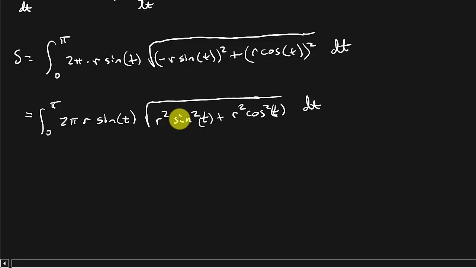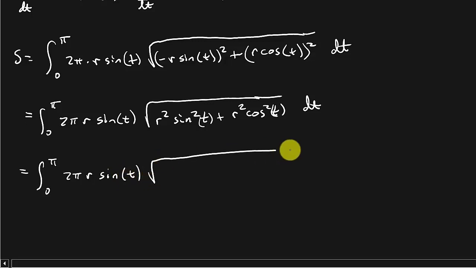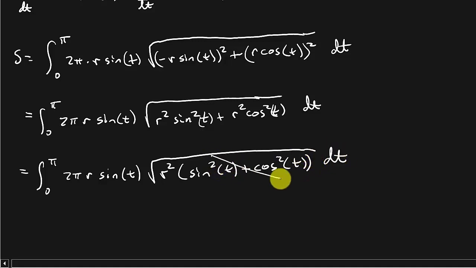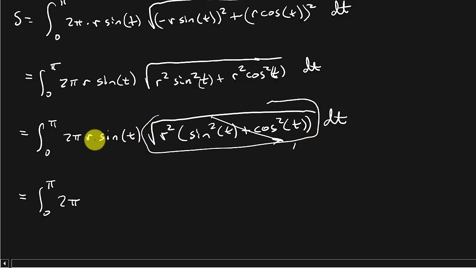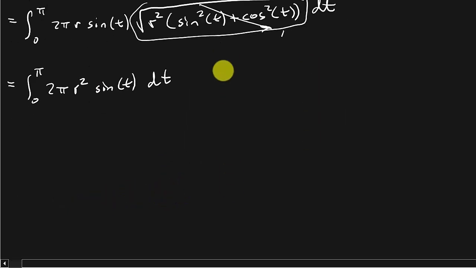The square root of r squared is r. I'll go ahead and write it out for you. What's sine squared plus cosine squared? That's 1. So I got the square root of r squared, which is r, and r times r is r squared sine t dt.